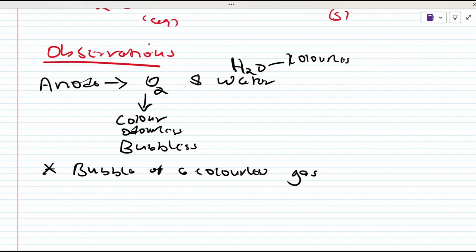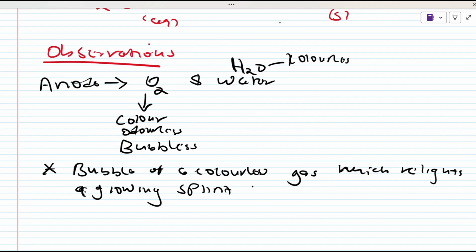So we say bubbles of a colorless gas which relights a glowing splint is observed.